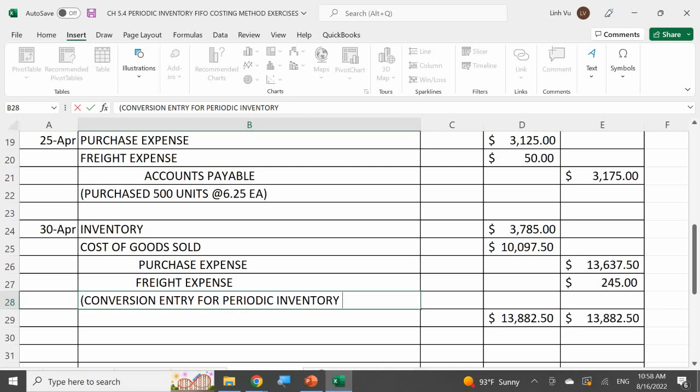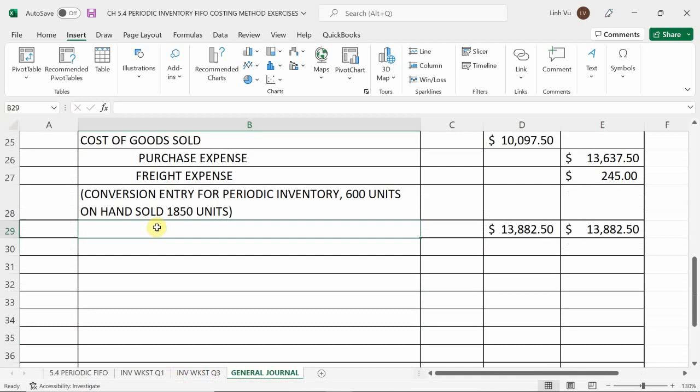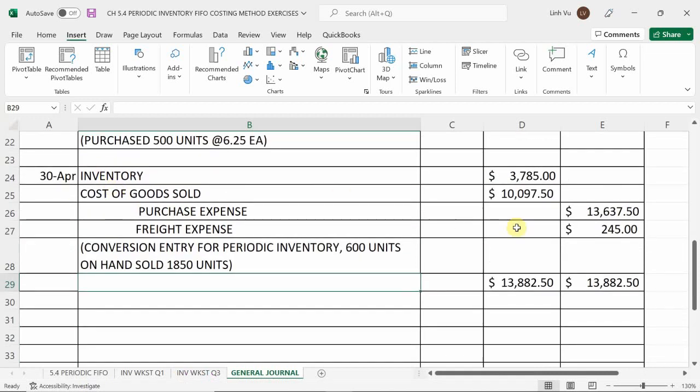Okay, and then you can even put in that you had 600 units on hand and you sold 1850 units. Okay, there you go. And that concludes your conversion entry right there.